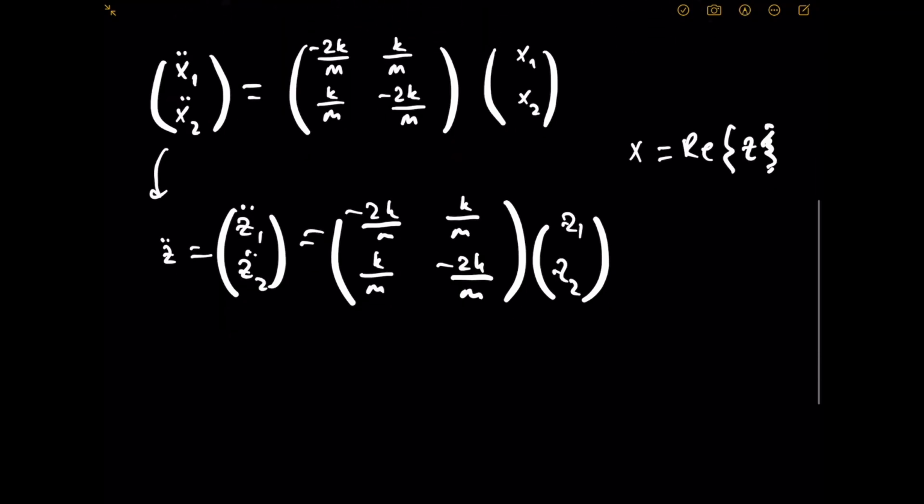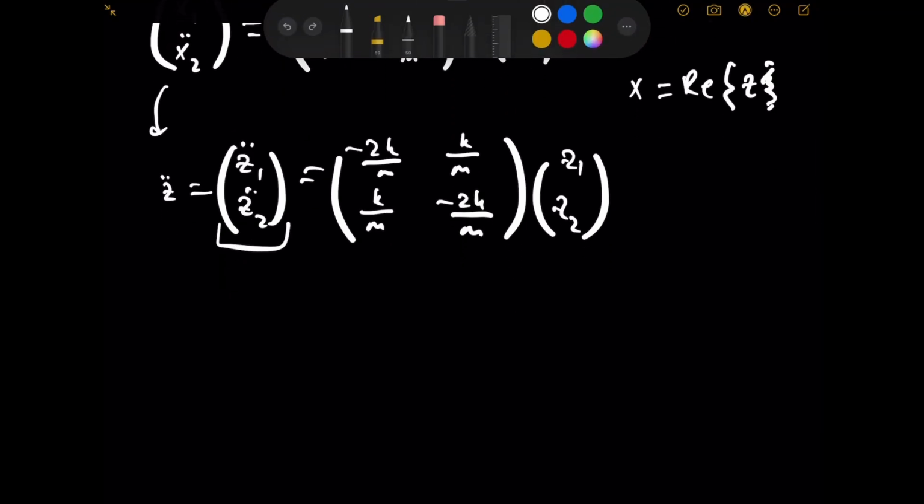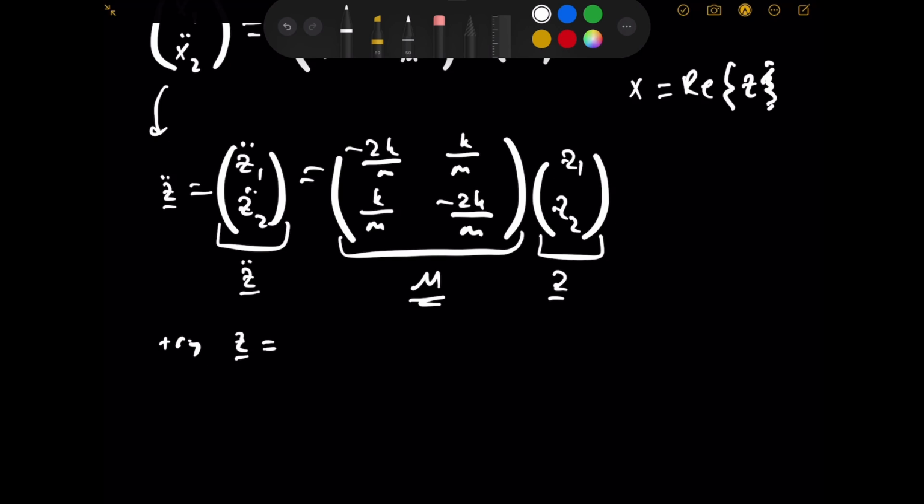From there, I will now represent this as z with the vector sign below. This is going to be M, let's say, a matrix, and then this is the z. Now, this is the guessing part, I will try that z is equal to some constant and then e to the power of i omega t.